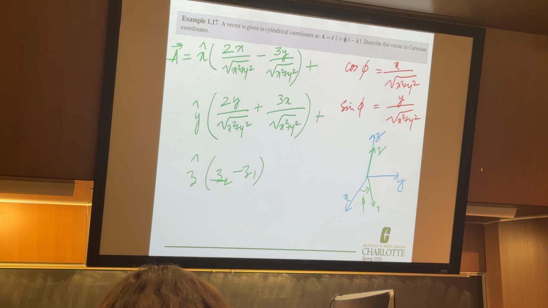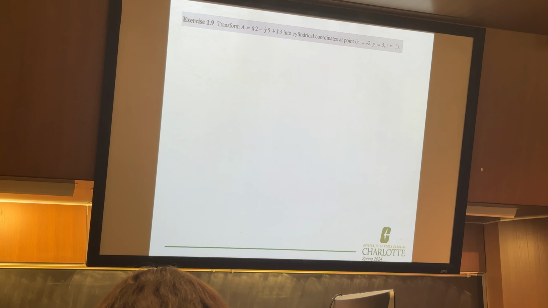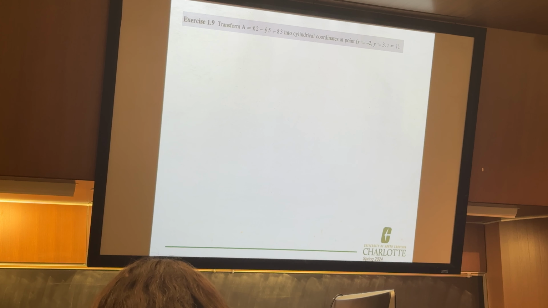So typically, this kind of problem is presented. You have a vector in the XYZ coordinates, Cartesian coordinates, and you need to transform that into cylindrical coordinates. But in this case, you're given a specific point.